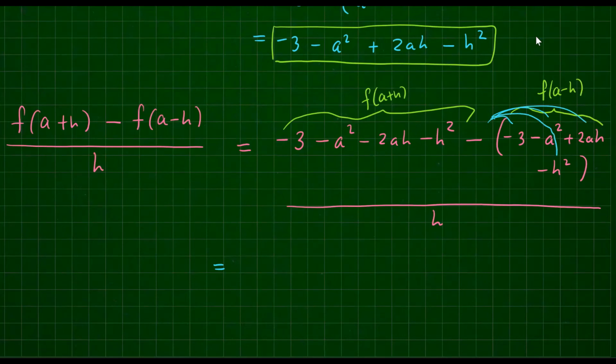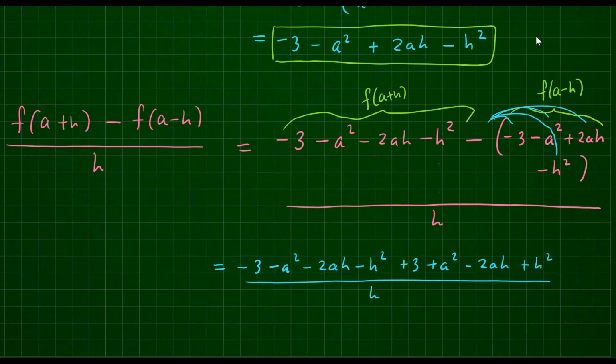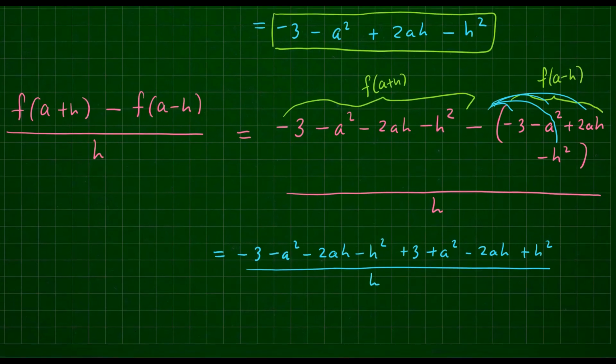It looks a little weird because the negative h is on the bottom. So continuing, negative 3 minus a squared minus 2ah minus h squared. And then as you distribute the negative one out, you get positive 3, positive a squared, negative 2ah, and then positive h squared, everything over h. So I have successfully distributed the negative out to the negative f of a minus h term.